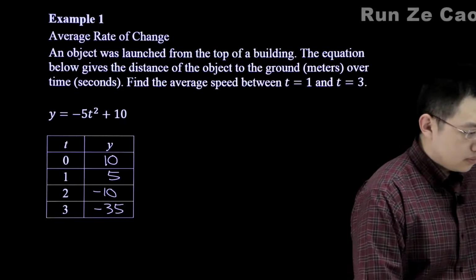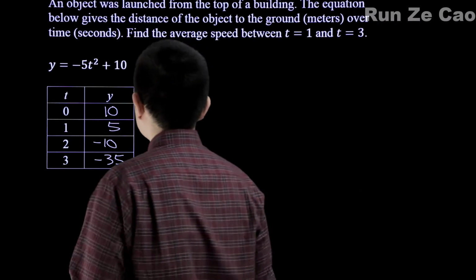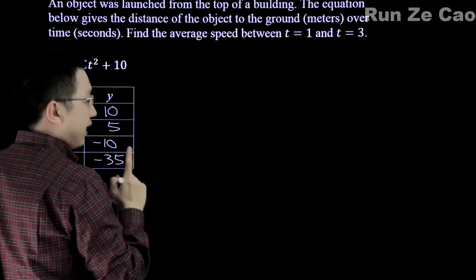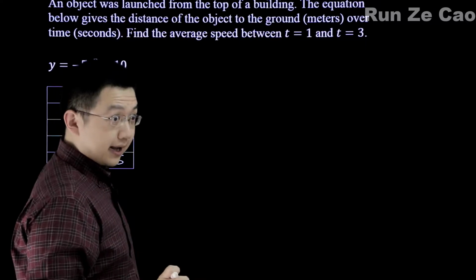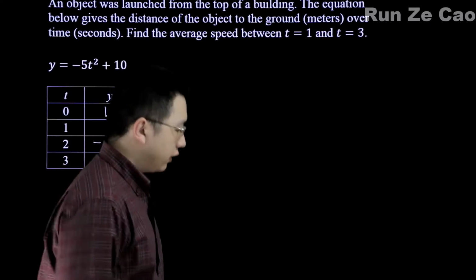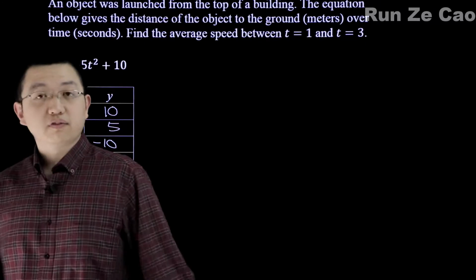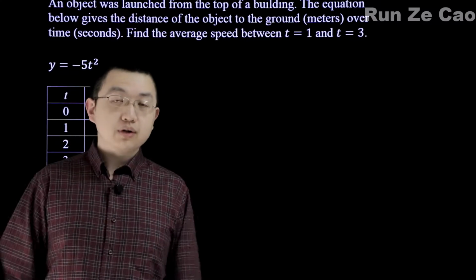Now, the average speed between t equals 1 and t equals 3, we have to note that average speed and average velocity are not the same thing. Why? Say I ran over there and then I ran back. Well, this is actually a bit of a physics issue. If you're familiar with grade 11 physics, displacements, you would know this.